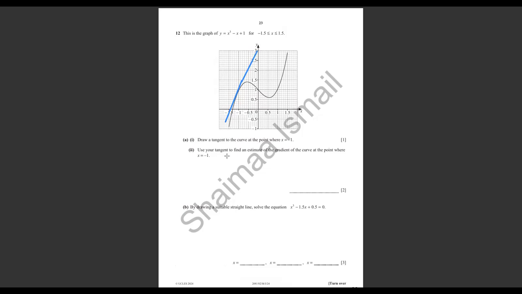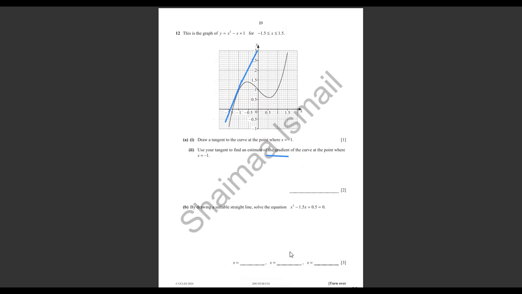Okay, use your tangent to find an estimated gradient for this line. So here we have 0 and negative 1.4. Let's do this. We choose any 2 points.